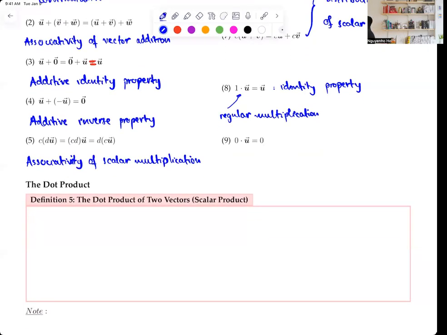And the last property is the zero property. If you have the scalar zero, then multiply with the vector u, you get zero back. Again, here you have regular multiplication.